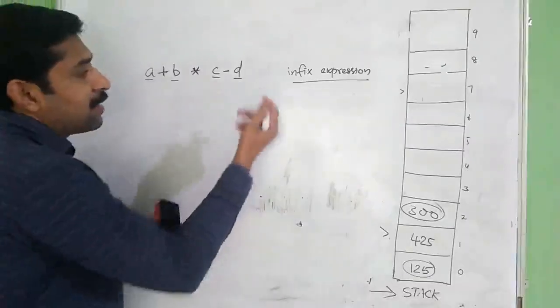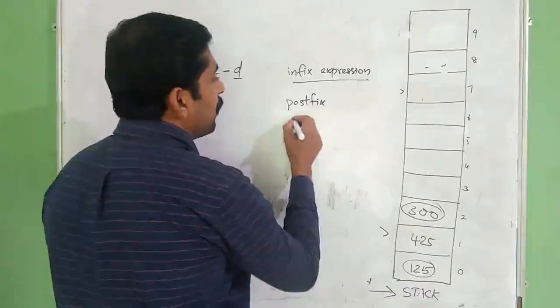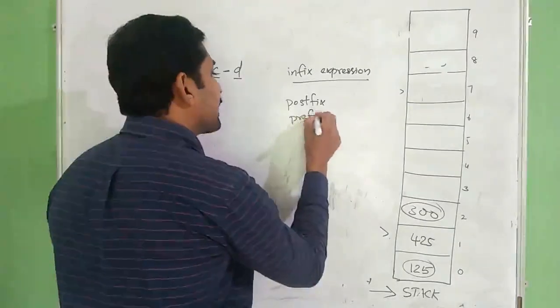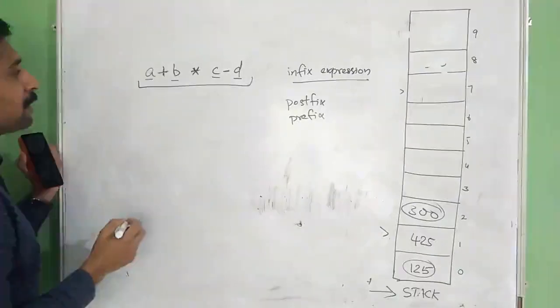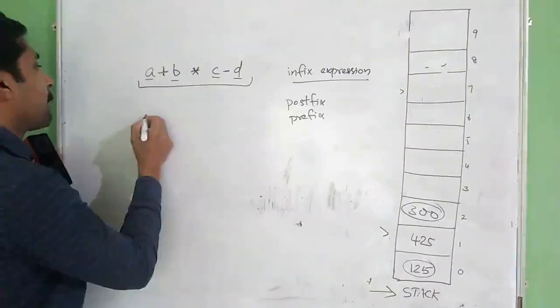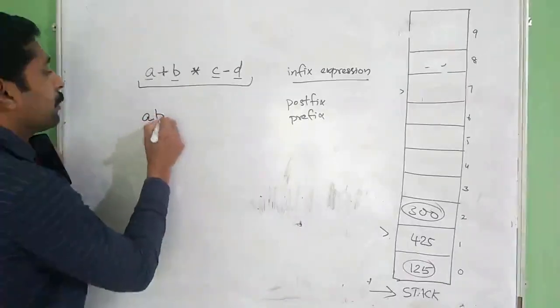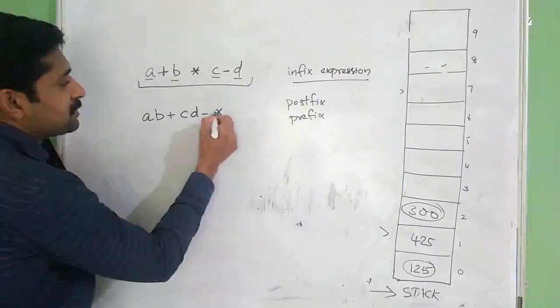It is either converted into postfix expression or prefix expression, which means this expression can be written like this: a, b plus c, d minus star.